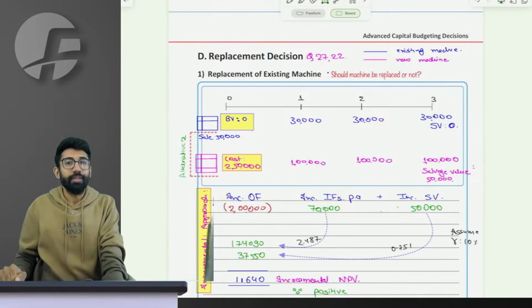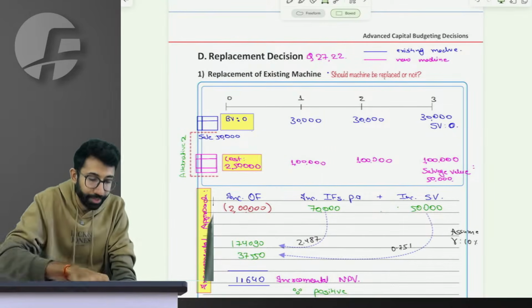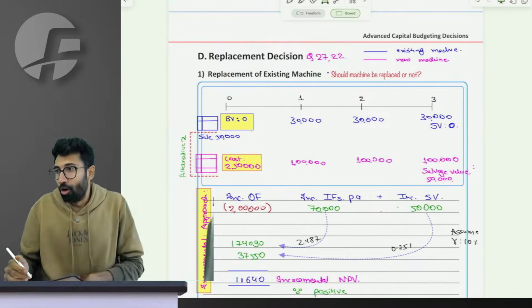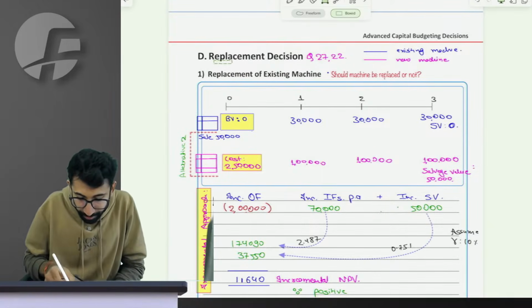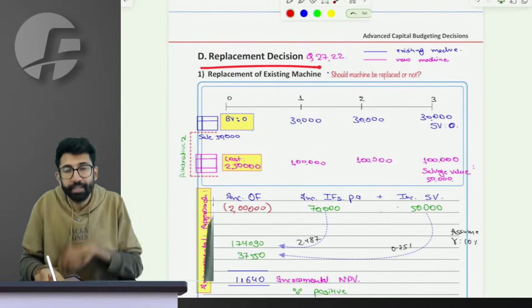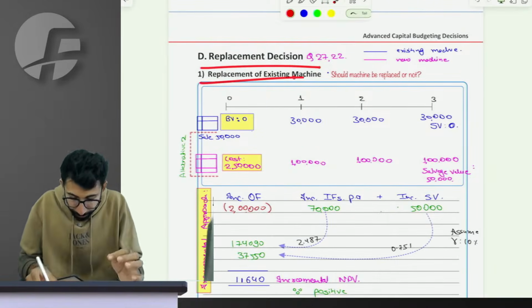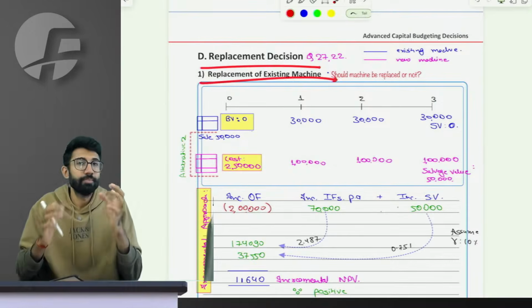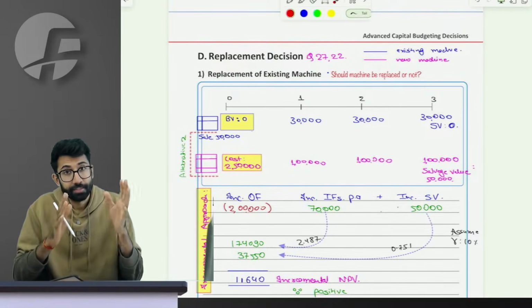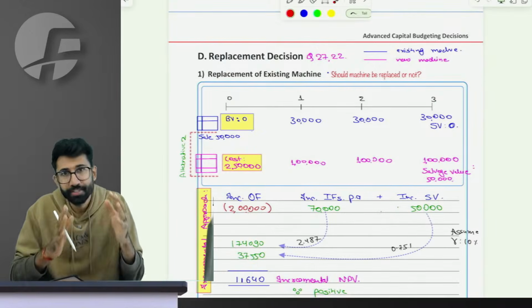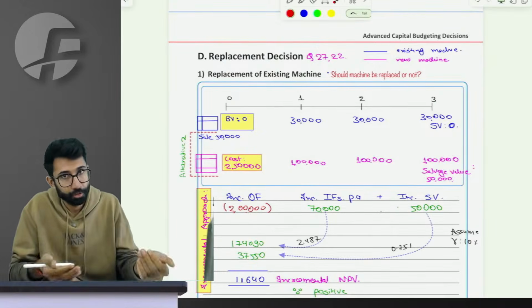So, we are now going to the next section of capital budgeting, which is replacement decision. In this category, we need to learn two things. First, replacement of an existing machine, which means whether we should replace an existing machine or existing business or existing setup or not.